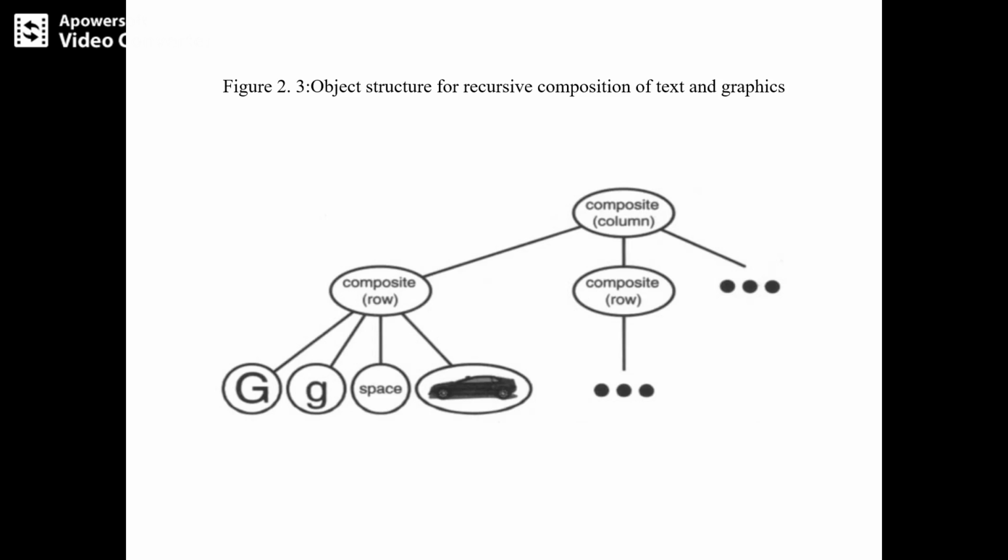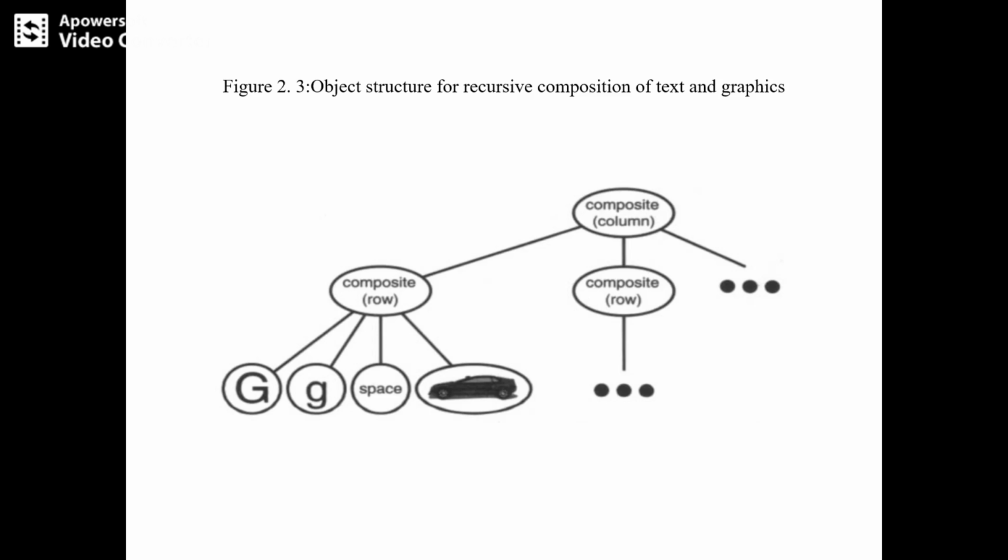In the first row we are going to divide into the capital letter character G, which belongs to one column, and the entire composite row will have another column. In the composite row, another small letter, another column. For another column it is a space, for another column we can say it is an object or image. So this entirely is the composite row 1.